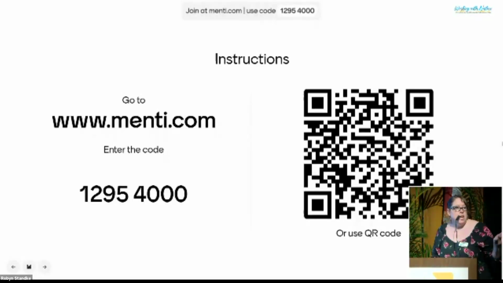And Salemi and our volunteer Joe is going around helping people get online here. Going to give another moment or two. Okay, so people say it's a lot easier just to scan the QR code if you can.